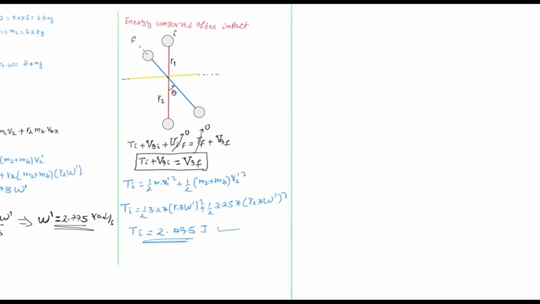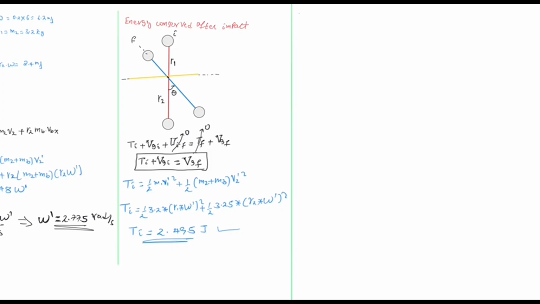Now for the potential energy, that means related to the gravity, if we just look at the system, particle 1 is above our reference, so it will have a positive impact on the system, and particle 2 is just below our reference, so it will be negative.